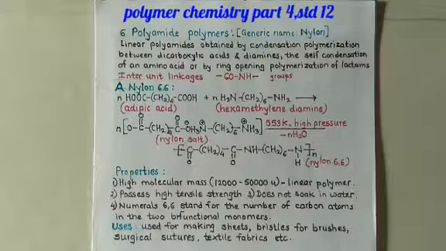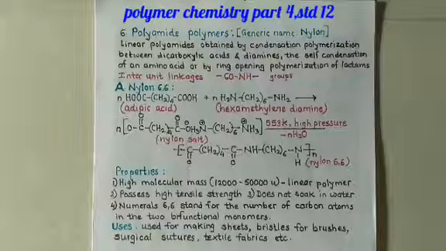What are the properties of nylon 6,6? Nylon 6,6 has a high molecular mass, near about 12,000 to 50,000 units, and it is a linear polymer in a straight chain. It possesses high tensile strength and does not soak in water. In nylon 6,6, the numeral 6,6 stands for the number of carbon atoms in the two bifunctional monomers.